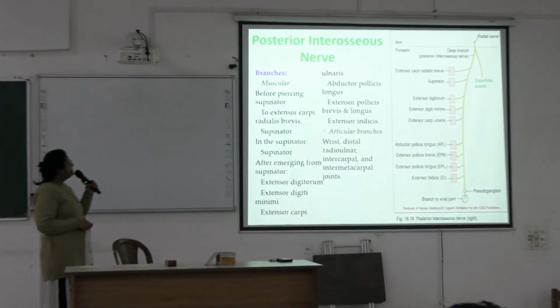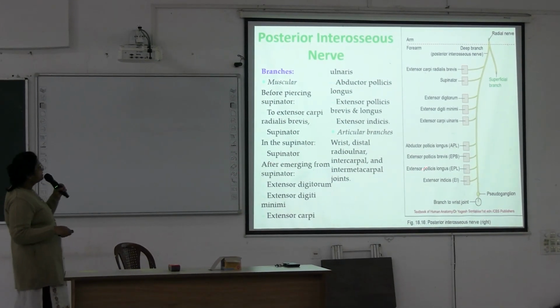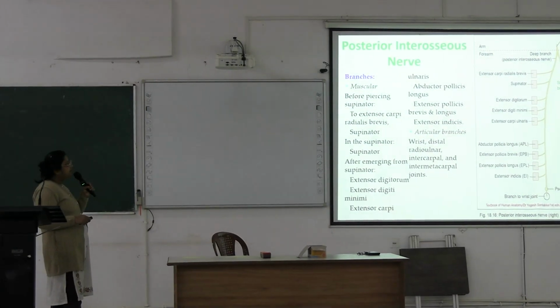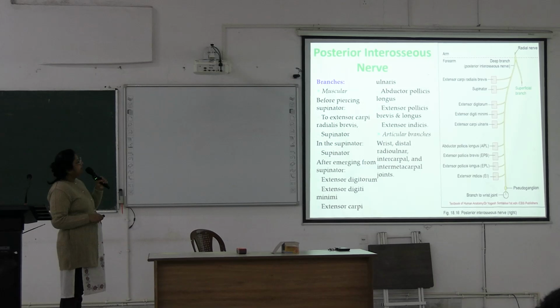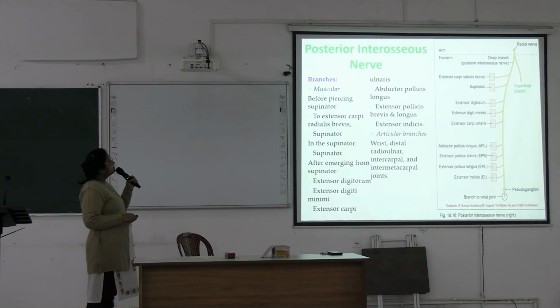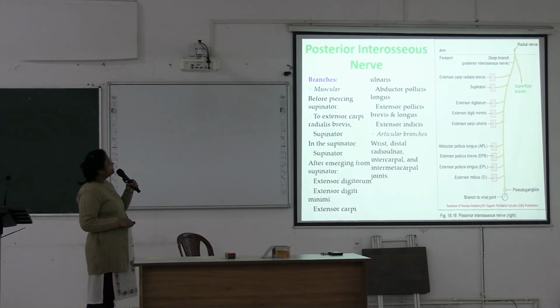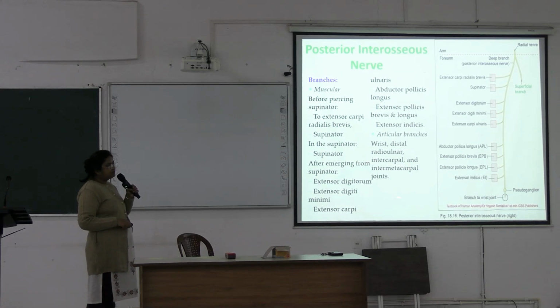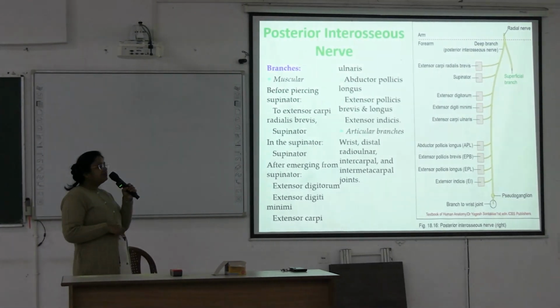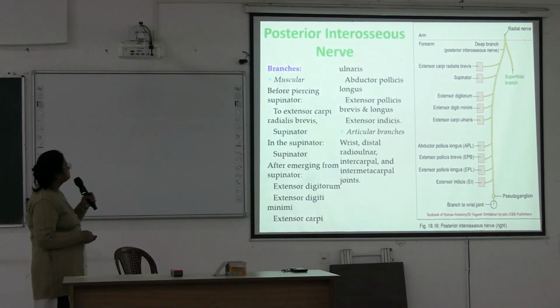And after emerging from the supinator, it is supplying extensor digitorum, extensor digiti minimi, extensor carpi ulnaris, and the deep muscles abductor pollicis longus, extensor pollicis brevis, extensor pollicis longus, extensor indicis. And it is giving articular branches to wrist joint, distal radioulnar joint, intercarpal joint, and intermetacarpal joints. So all these joints receive articular branches.